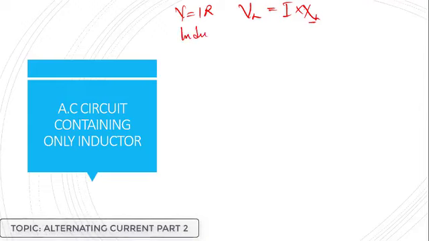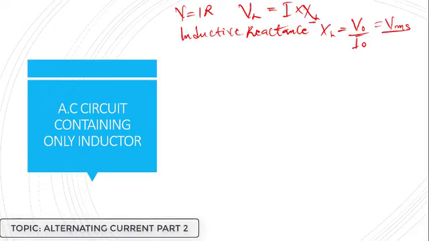Inductive reactance, which is XL, is given by peak value of voltage over peak value of current, and is also given by RMS volts over RMS current. It's also given by the angular velocity times the inductance, equal to 2 pi FL.